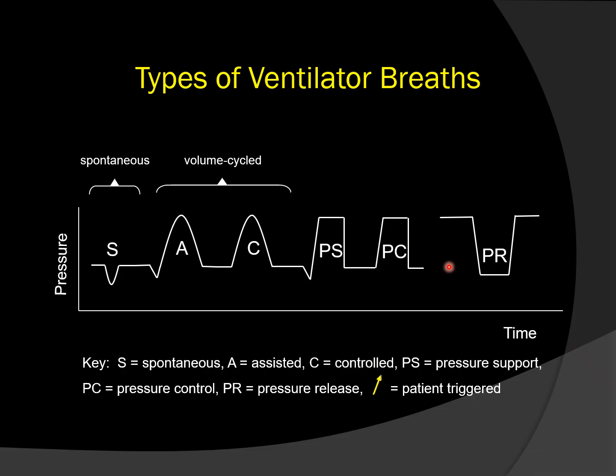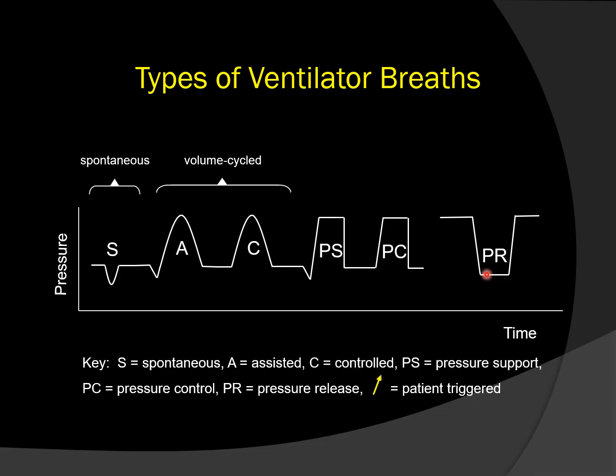And then there's a third type of pressure breath, which I actually call an upside down breath. It's called pressure release. It's the same idea as pressure control. We're really controlling, but it goes in reverse. We keep the pressure at the patient at the high pressure most of the time, and then every interval will drop down to a low pressure for a short time.